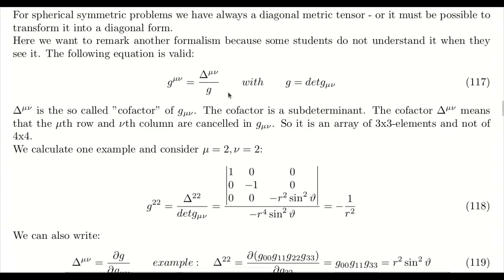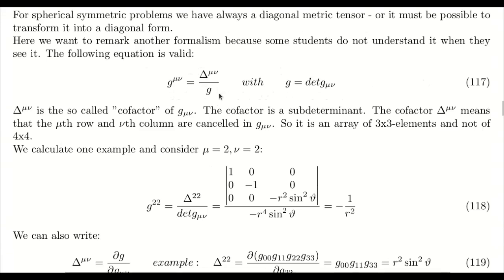The first equation is here 117. So we have here g mu nu, the contravariant metric tensor, is equal to the cofactor with the indices mu and nu divided by g. g without indices means the determinant of the covariant metric tensor here.